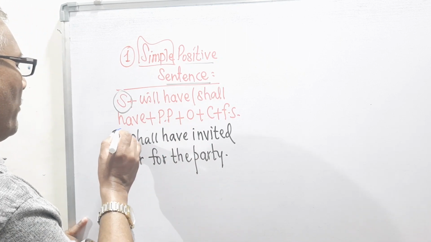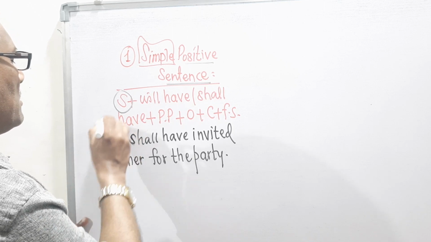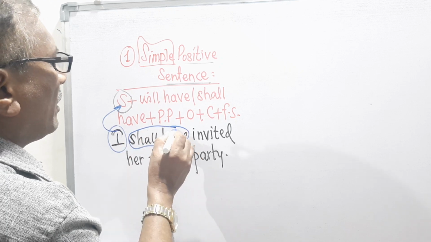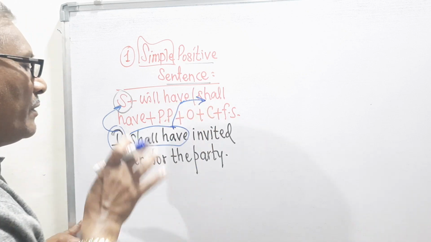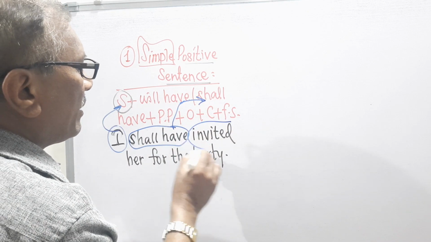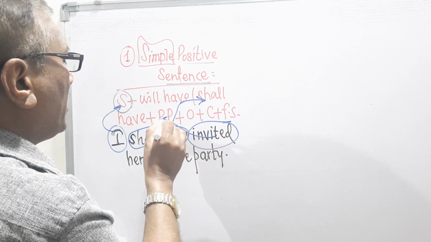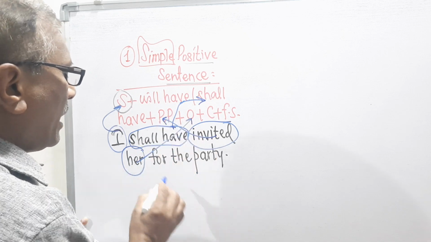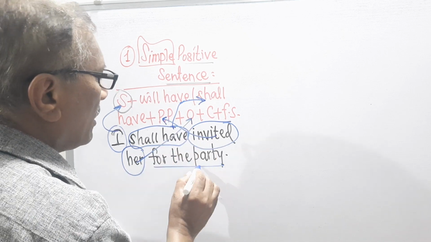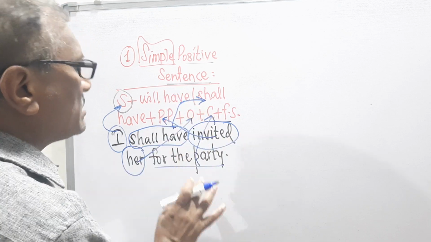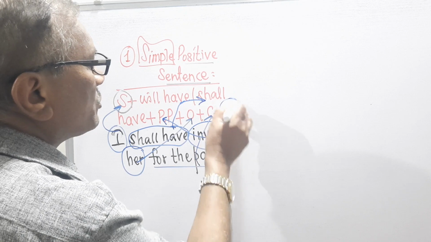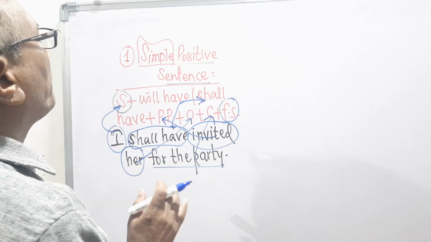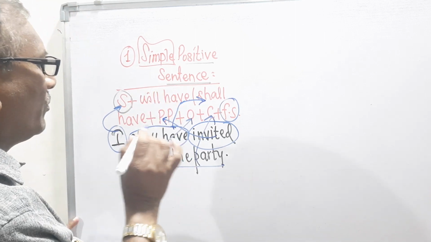So remember here, we have taken I, so this is the subject. We have taken here shall have, and so shall have is the helping verb here. Then invited is the PP here, and then her is the object here, and for the party is the complement here, means extra words here, and then there is the full stop. So in this way we can make the simple positive sentences of this structure.